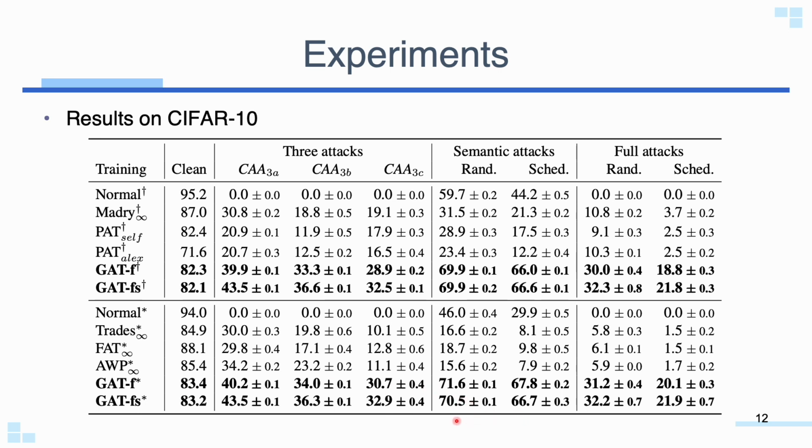We also show two order settings, random ordering and schedule ordering. And by using schedule ordering, the robust accuracy is significantly lower than random ordering, showing that our scheduling attack can further improve the attack success rate and lower the robust accuracy.